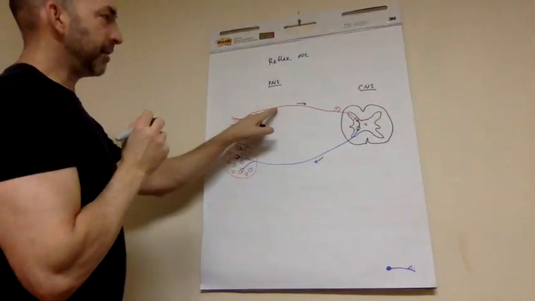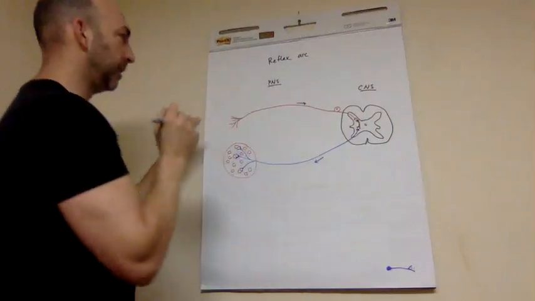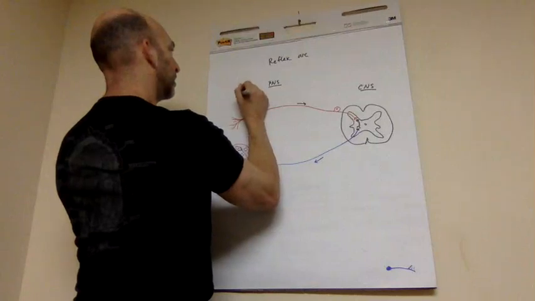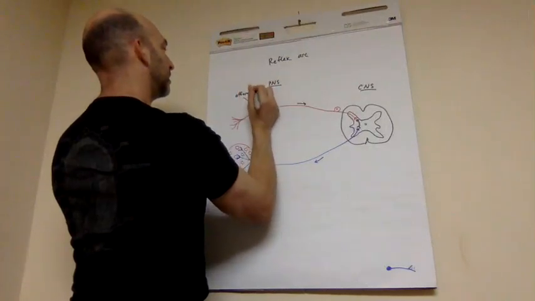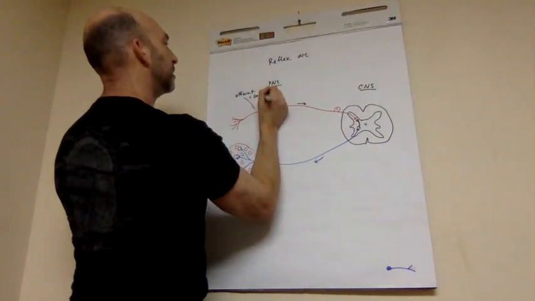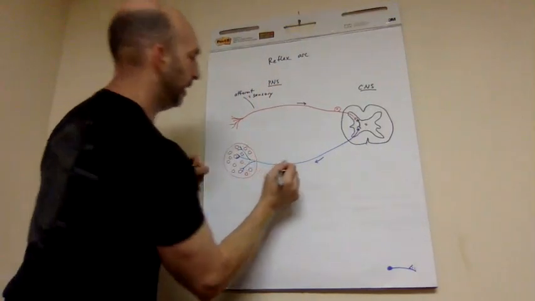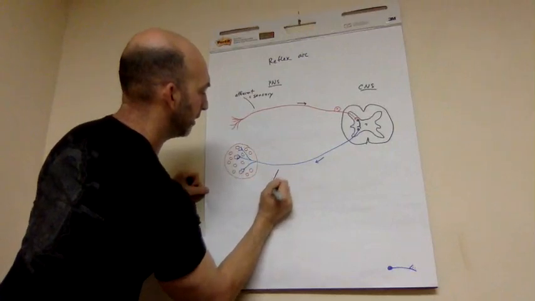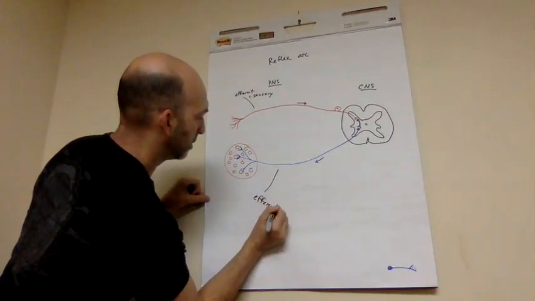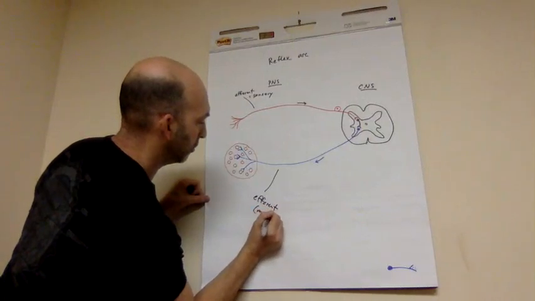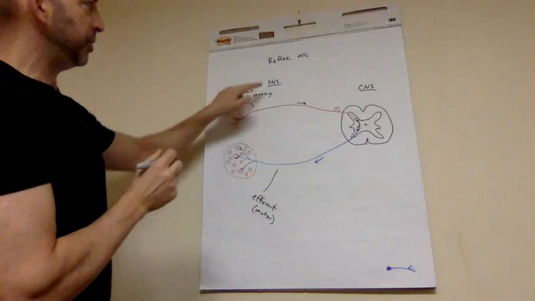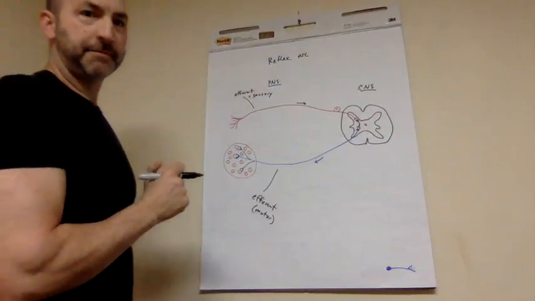This would be the afferent division, which is sensory. And this would be the efferent, which is motor, right? And again, afferent and efferent divisions of the PNS, okay?